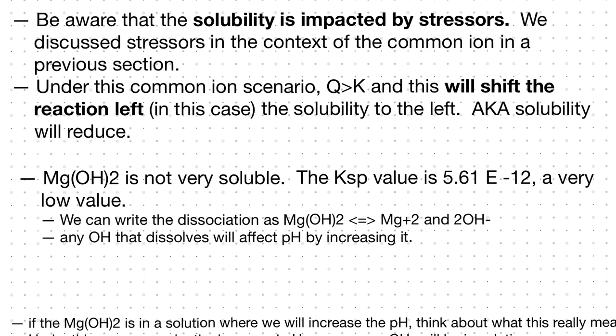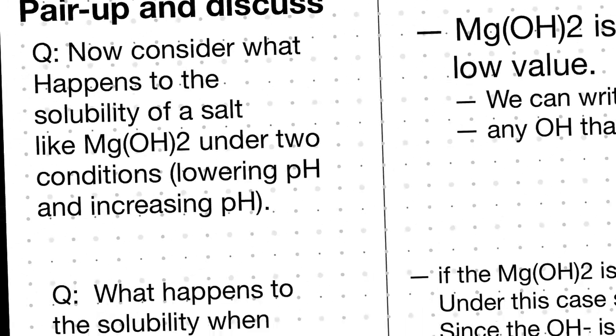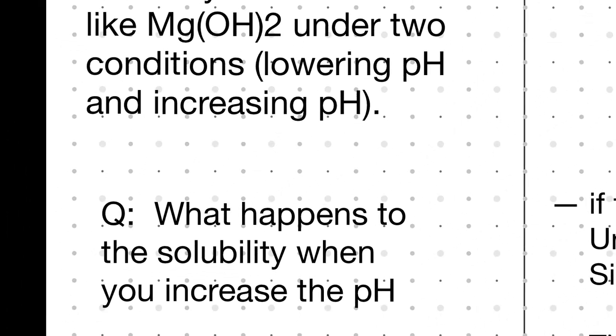I think the first condition that I mentioned was, what happens if you increase the pH? So let's consider this one here. What's going to happen if you increase the pH? Well, if we underline a couple of things just to bring our attention to it.